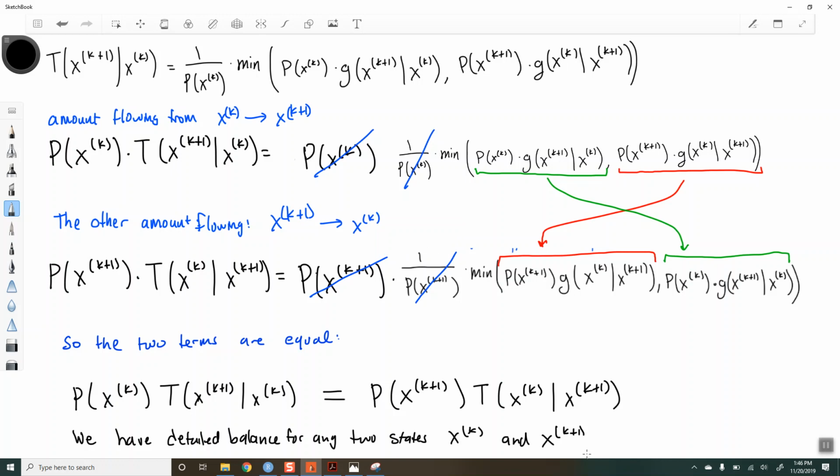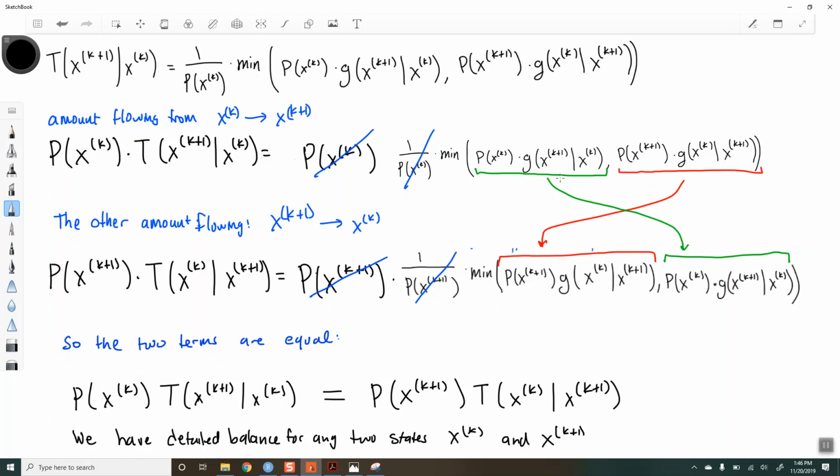And the Metropolis algorithm itself is just a special case, and it makes this even more trivial, because the proposal is symmetric: xk plus 1 given xk is equal to xk given xk plus 1. That's what it means to have a symmetric proposal distribution. So if we have detailed balance for Metropolis Hastings, we have detailed balance for the Metropolis algorithm itself.